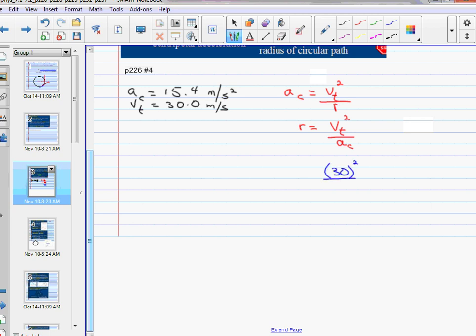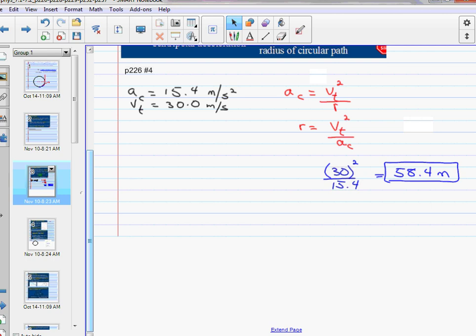And our acceleration was 15.4. And if you want to run a calculator for me, how big a circle is it? 58.4. And what unit are we talking about? Meters. The distance that we just have.